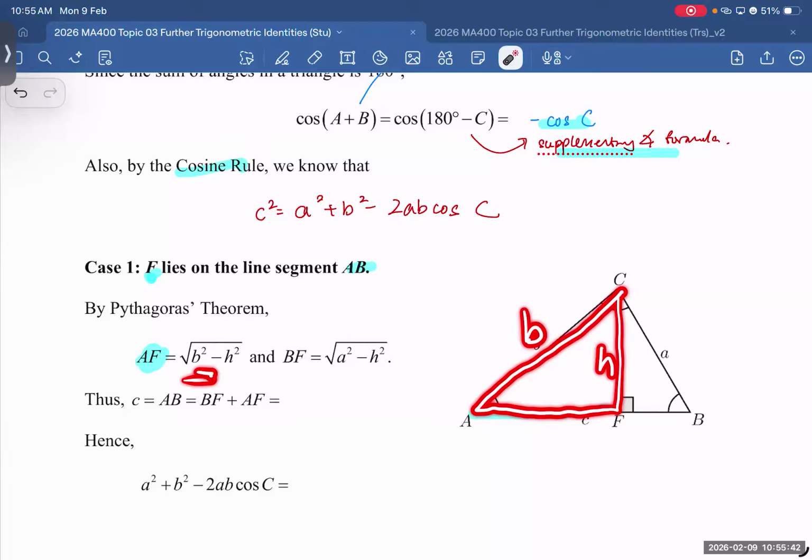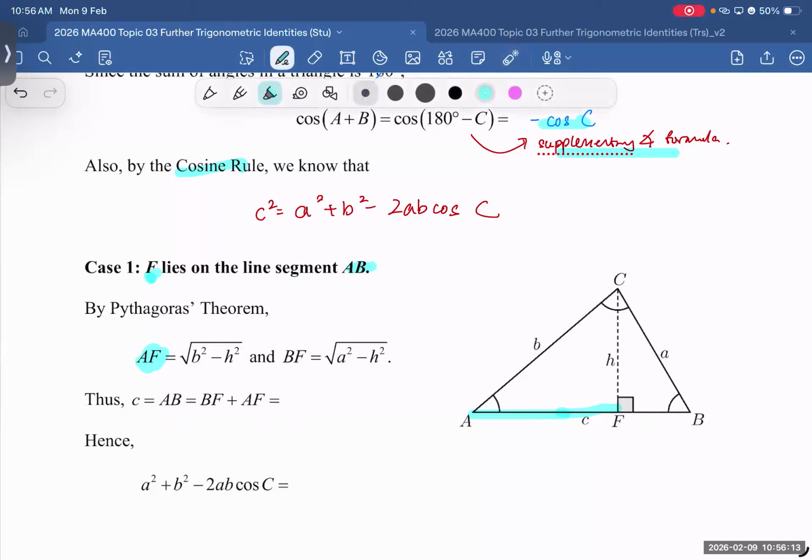If you are not comfortable, ask me, I will explain again. So you see this triangle, AF. B squared is H squared plus AF squared. So AF is the square root of B squared minus H squared, just like Pythagoras.